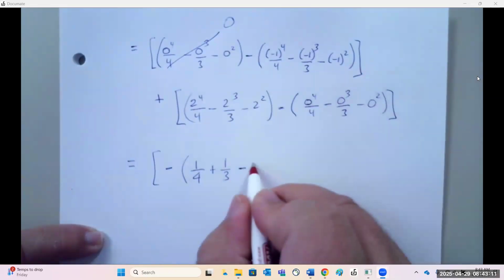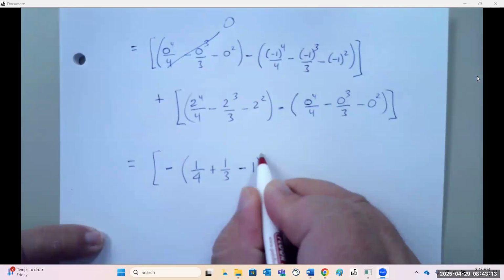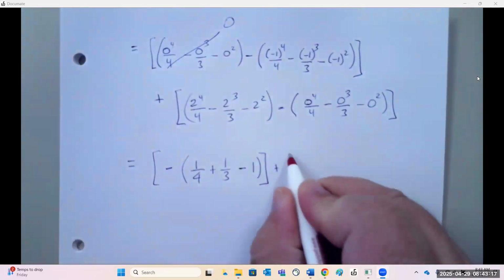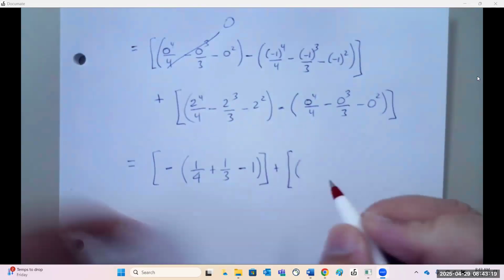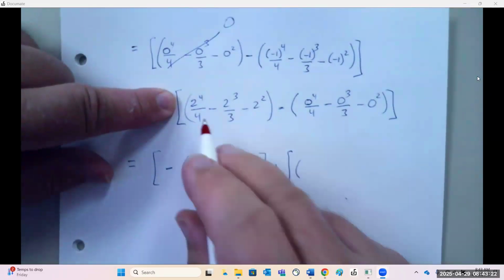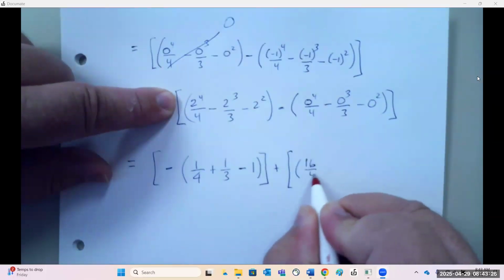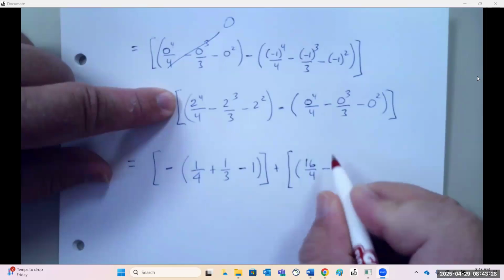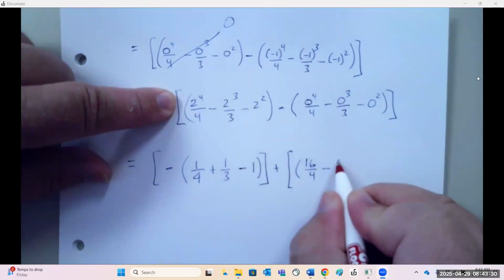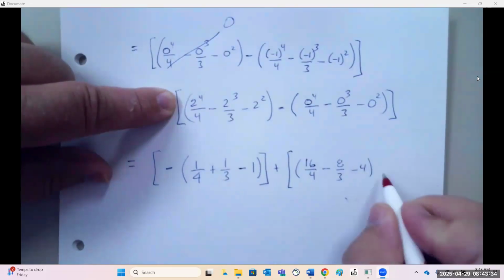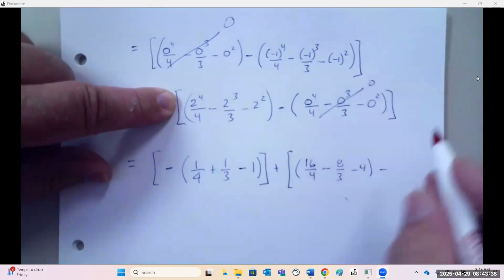Minus negative 1 squared is -1. Plus 2 to the 4th is 16/4. 2 to the 3rd is 8/3 minus 4. And all of these are zeros.